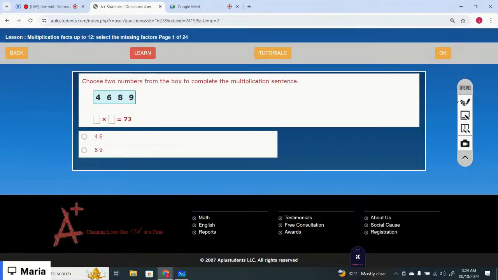Okay, let's just start with the test questions. Choose two numbers from the box to complete the multiplication sentence. The numbers are 4, 6, 8, and 9. So, which two numbers have the product 72?